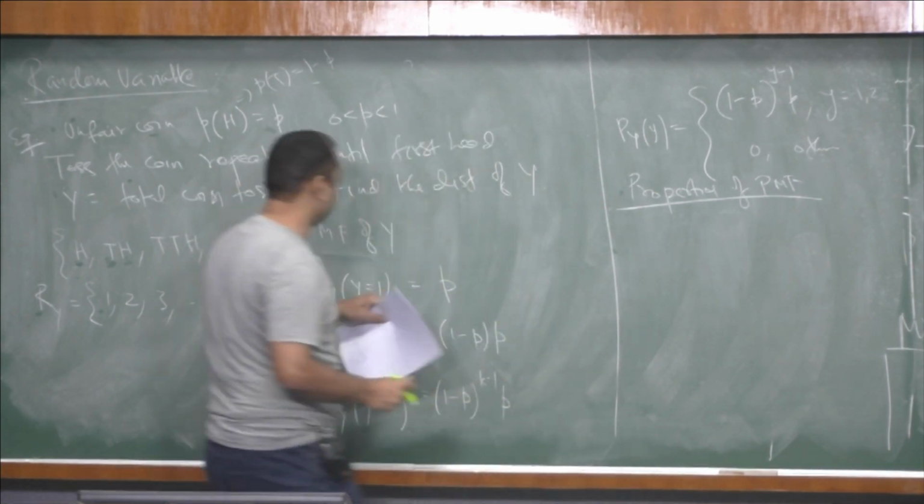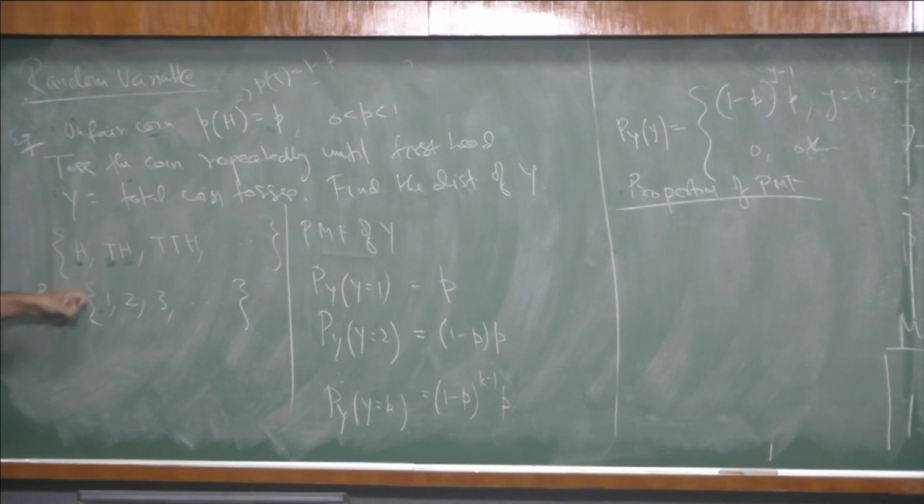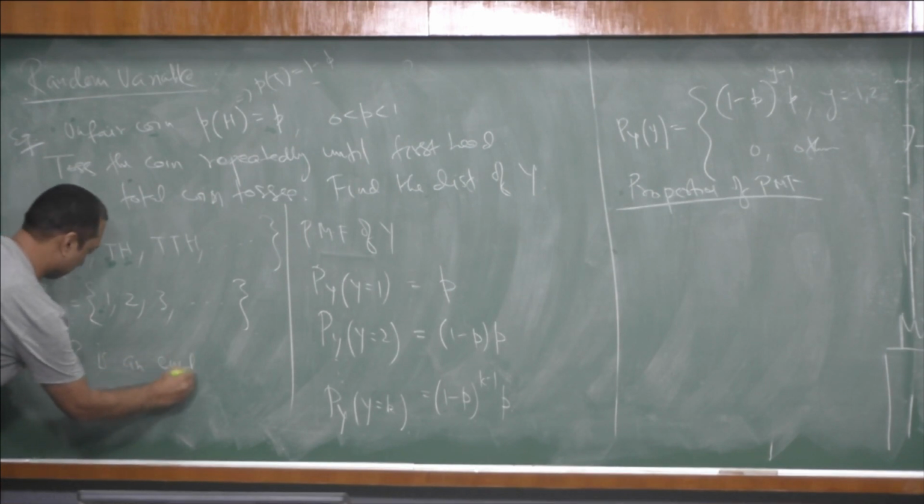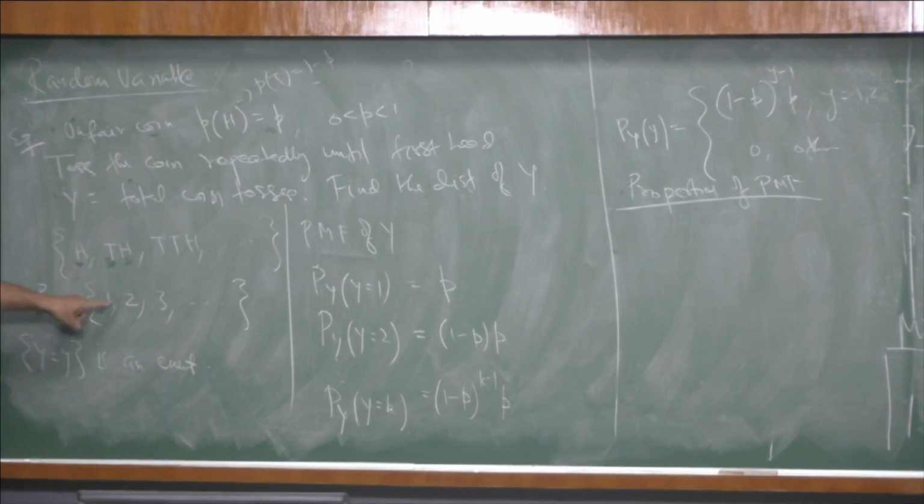Remember that random variables themselves are not events, but they encode events in the sense that Y equals y is an event. Y itself is not an event. Y equals 1 is an event where I get a head in the first toss.